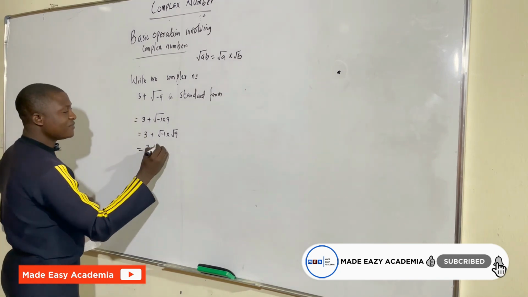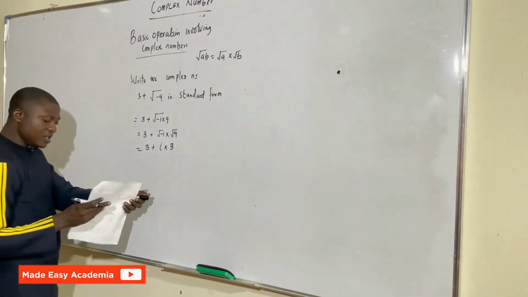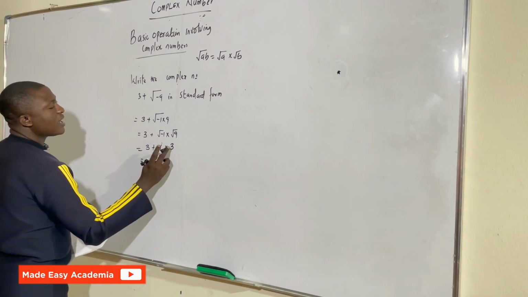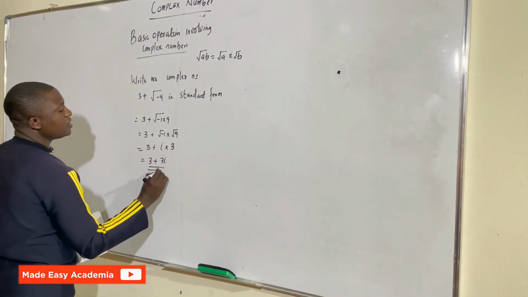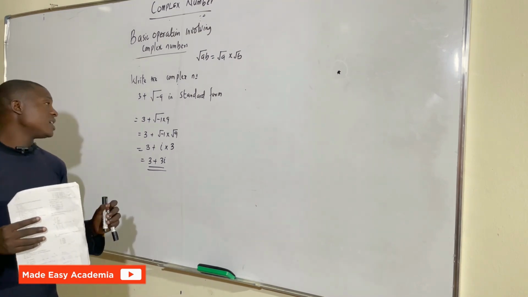Remember? Very nice. Square root of 9, we have it as 3. So by multiplying this together, I have 3 plus i times 3, which is 3 plus 3i. You can see that's how we can play with complex numbers.